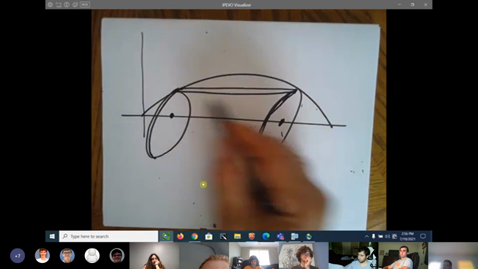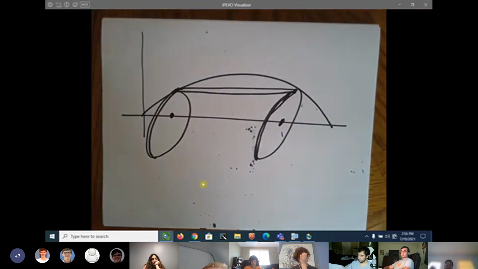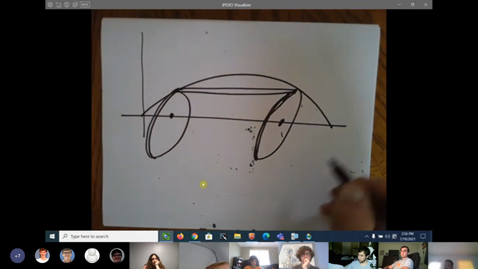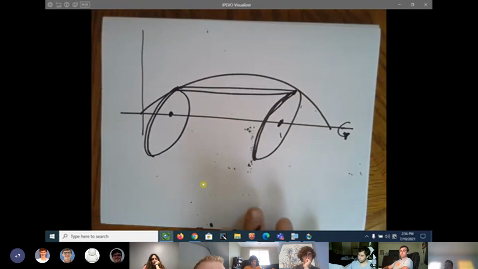Okay. And like I said, it's not usually done that way. Okay. But you can go around the x-axis.